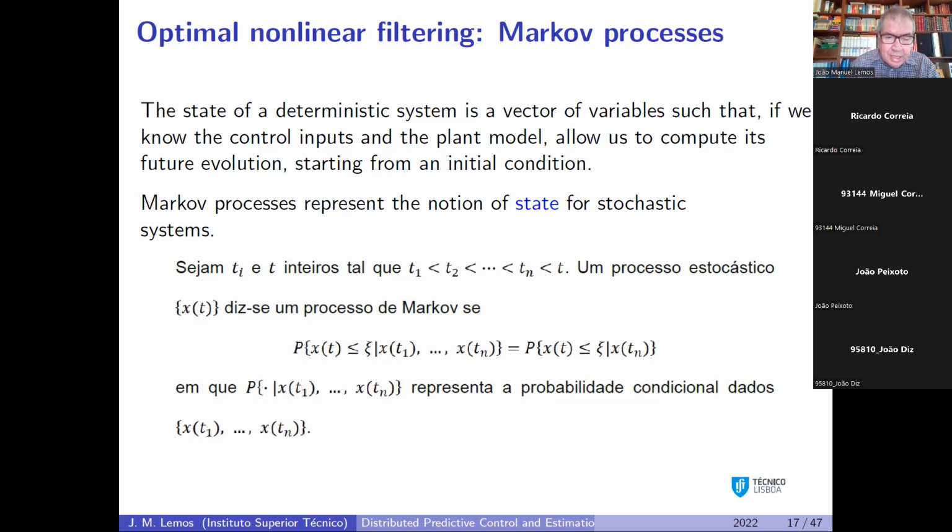So a state is something that gives you the fundamental information about the system, how the system is. This formula is the same, but in probabilistic terms. So retain that for Markov processes, if you condition on several instants of time, then what counts is just the last time. That's the important issue.